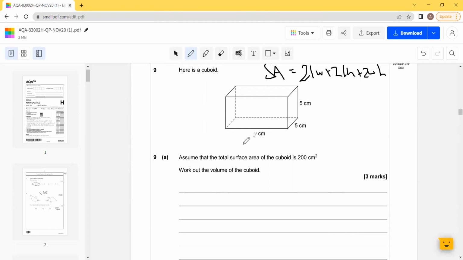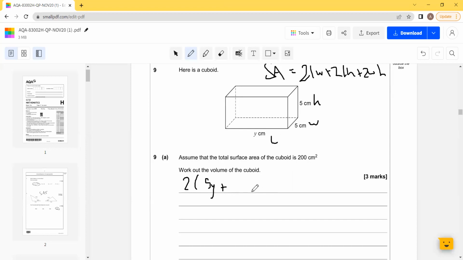So y is our length. This is our L, this is our H, and this is our W. So 2 times, I'm just going to factorize and do it. First, let's do length times width, so 5y. 2 times 5y plus LH. Sorry, just LH, because I factored out the 2. So it's just going to be LW, LH, and WH.